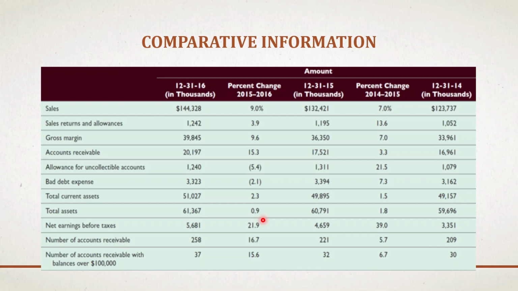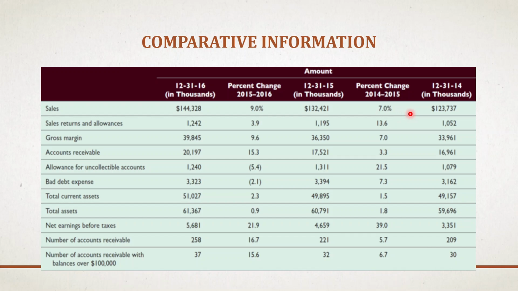For instance, between 2015 and 2016 the sales increased by 9%, but between 2014 and 2015 the sales increased only by 7%. Between the years, at least you have a benchmark. That means sales are increasing from prior years.